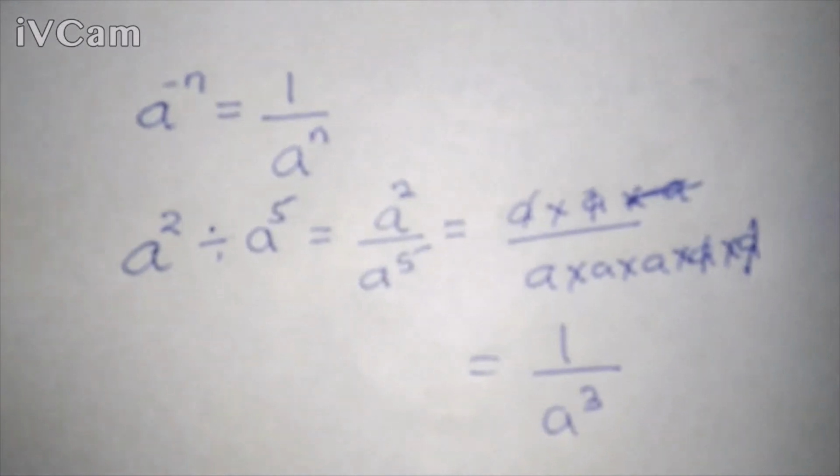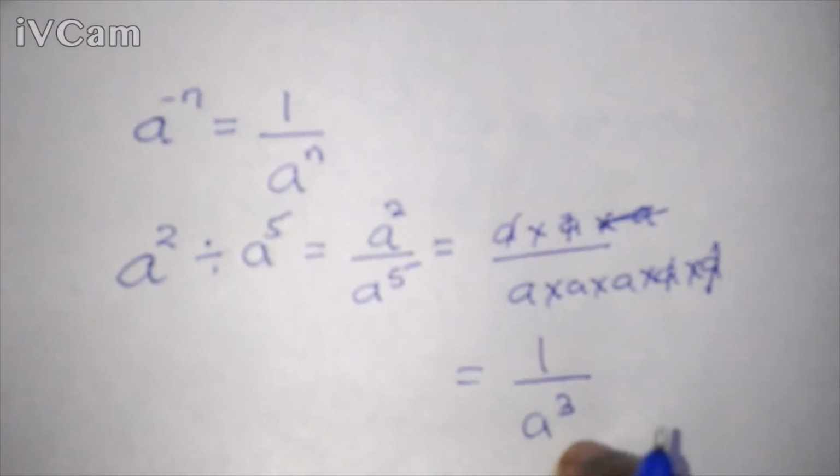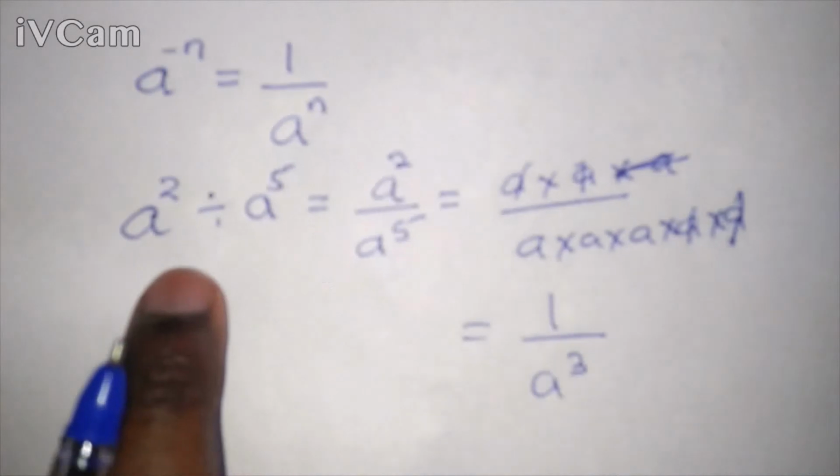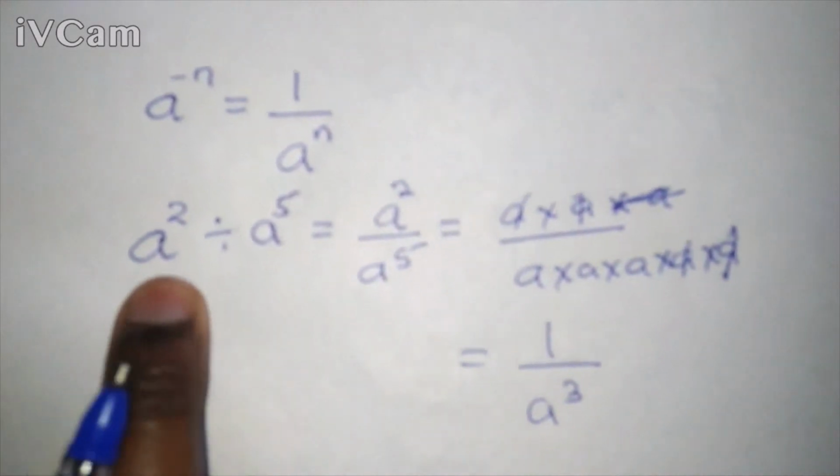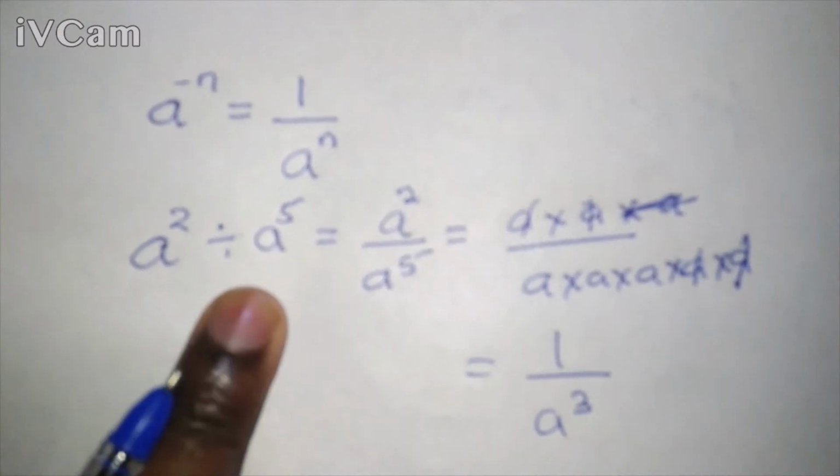Now 1 over a cubed is found by dividing a^2 by a^5.